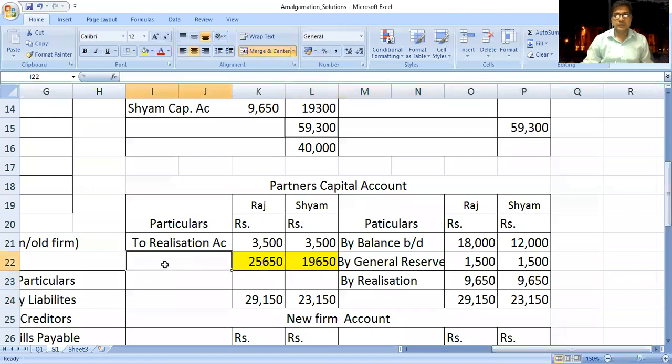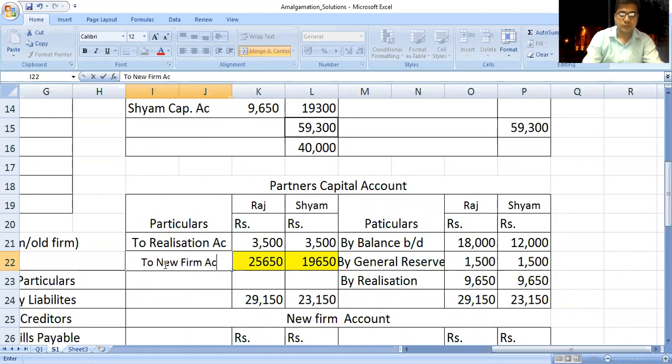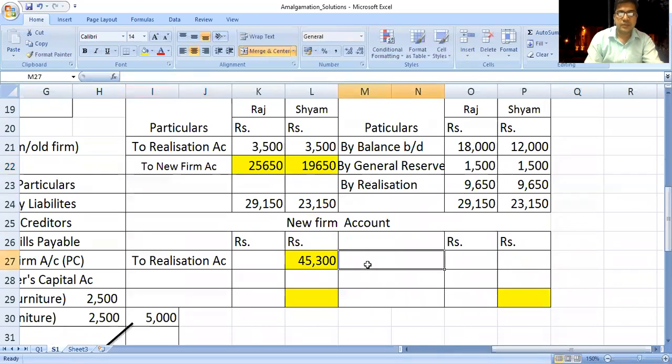Now this pool of balances we will transfer to the new firm account. Balances transferred to new firm account. So we will write: to new firm account. Now it is transferred to the new firm account. It is credited to the new firm account by Raj's capital account.